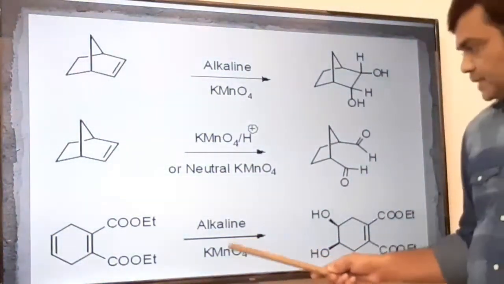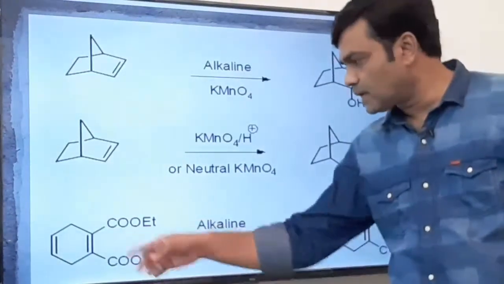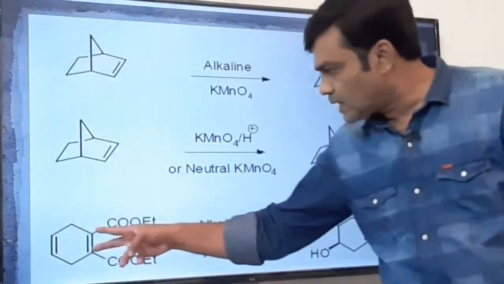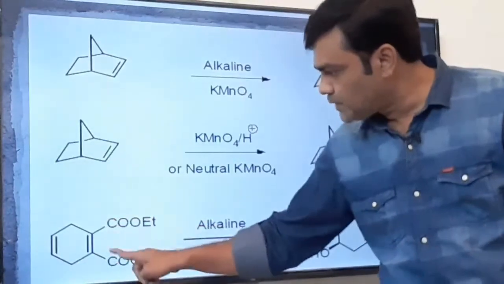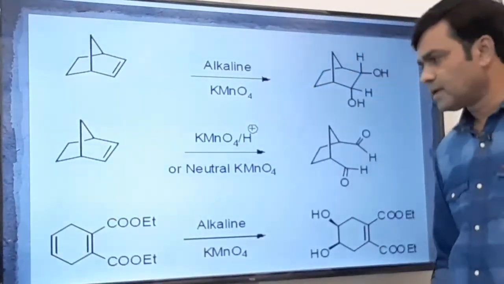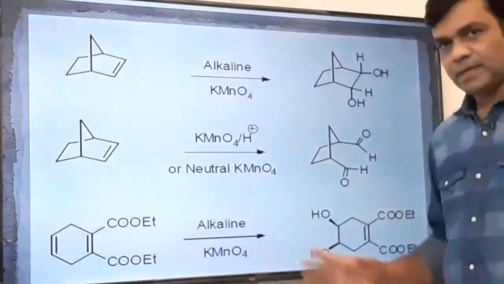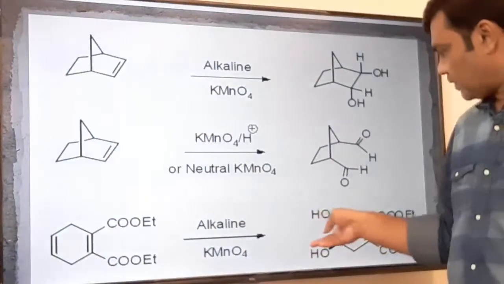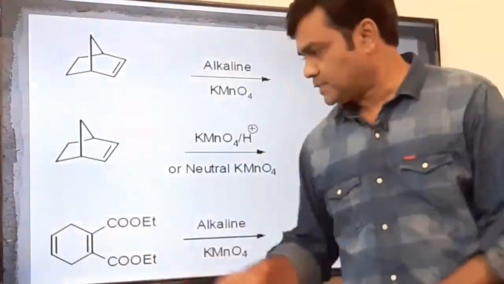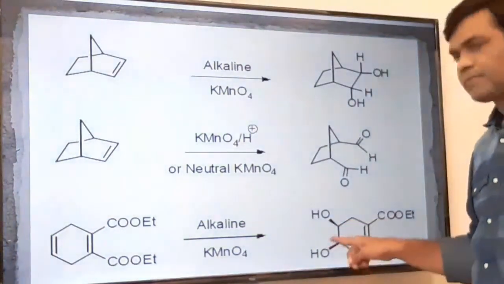Now it is interesting what happens with alkaline KMnO4 in this case, because two carbon-carbon double bonds are there, one carbon-carbon double bond is substituted with the ester group and the other carbon-carbon double bond is free, and there is no substitution. So remember, in such cases the diol formation takes place from the less substituted side. Two OH groups will be added across this carbon-carbon double bond and we get this diol.